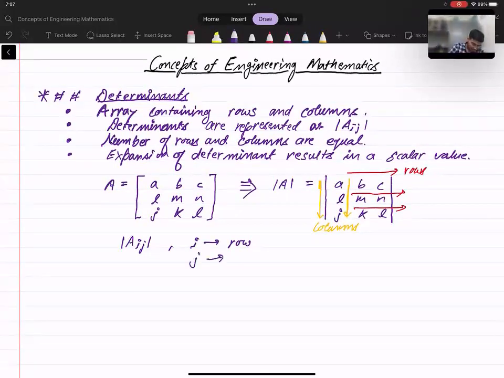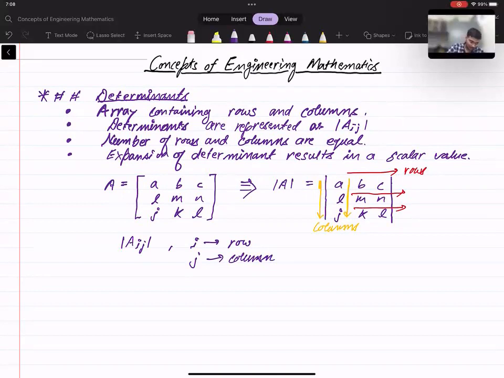So we can in fact tell the position of a particular element. Say A11 means the element present in the determinant in the first row and the first column. Similarly, A13 will mean the element in row number 1 and column number 3. So we can get the particular positions of elements like that.